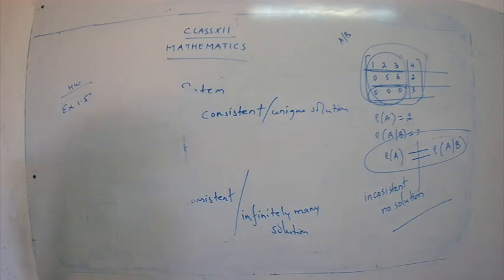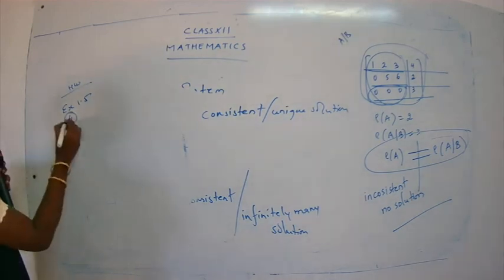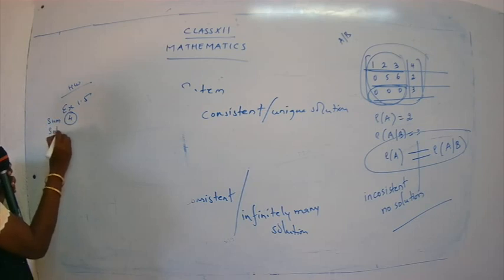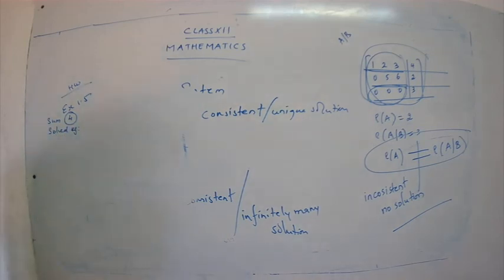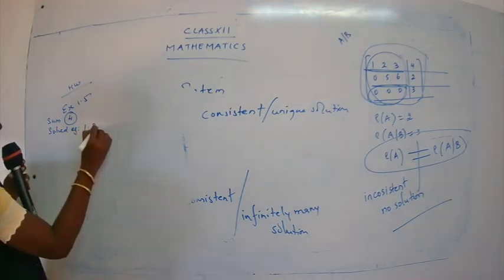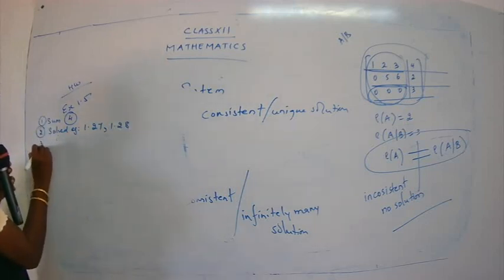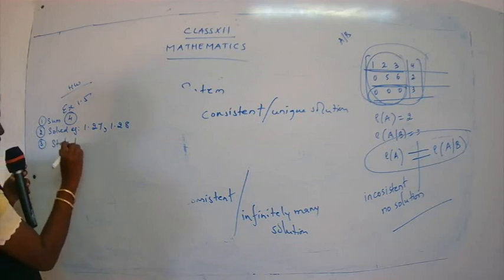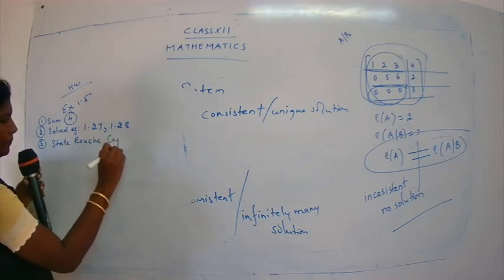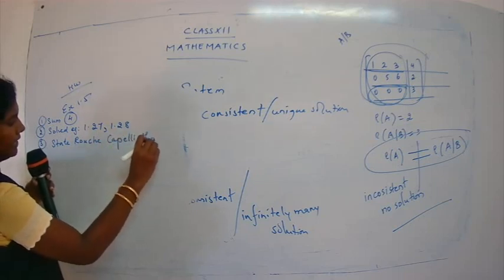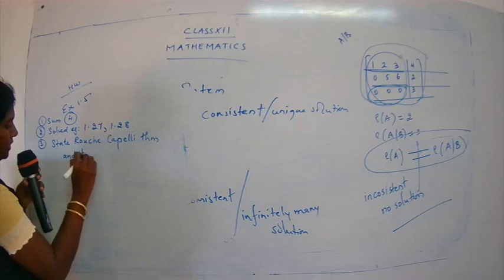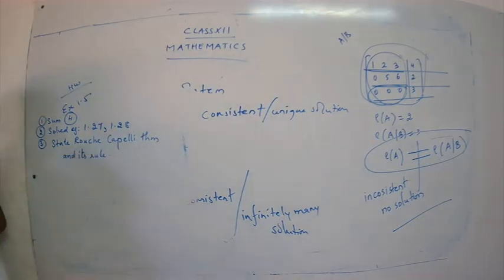Complete sum number 4, and also solved examples 1.27 and 1.28. This is 1, this is 2. And the third one is you have to state the Rouché-Capelli theorem and its rule. So totally 3 sums and 1 question type.